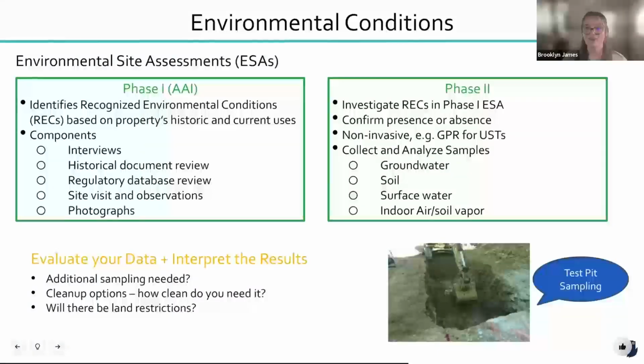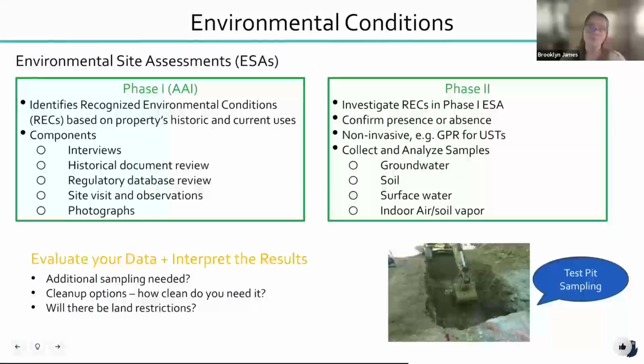A phase 1 environmental site assessment, also known as all appropriate inquiries, also referred to as doing your due diligence, is similar to the windshield study, as in this is a desk review or a data review of past uses on the site. So this is how you're going to identify recognized environmental conditions based on the property's historic and current uses.